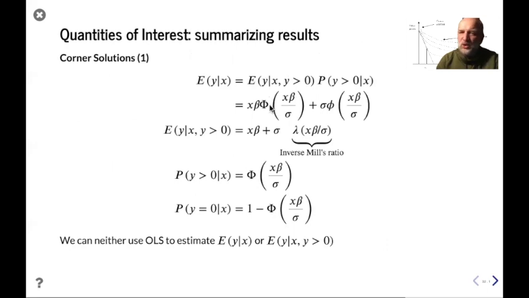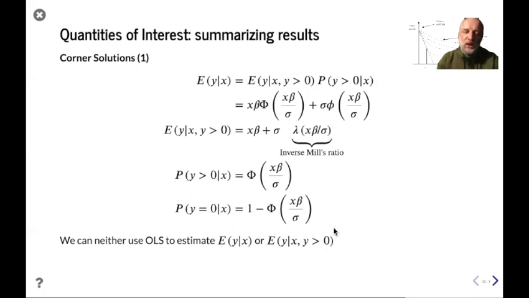So this entirely depends on the distribution of the errors being normal, because otherwise you wouldn't have anything from the normal distribution here. Then you got the similar one for the effects at the intensive margin, where people already have a positive demand or a positive supply of hours. That's x beta plus sigma times the inverse Mills ratio, and then you got the two probabilities.